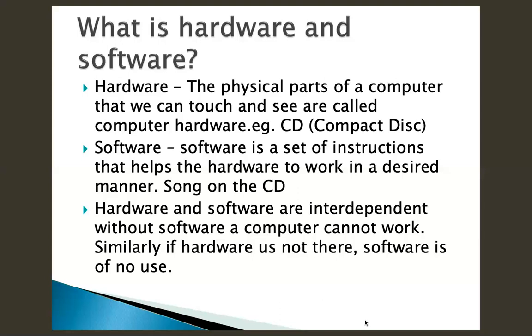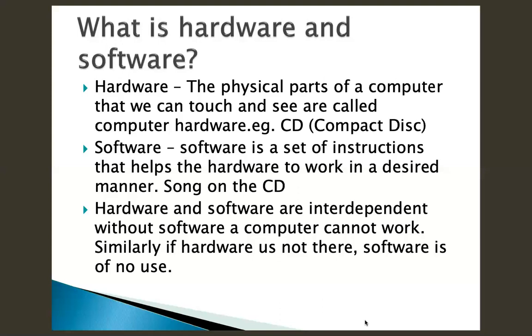In the same way, I have songs on my CD, but my music system is not playing. So there is no use of the CD because my hardware is not working. The song is there, the software is okay, it is working properly, but my music system is not working. So it is of no use. So both of them are interdependent.